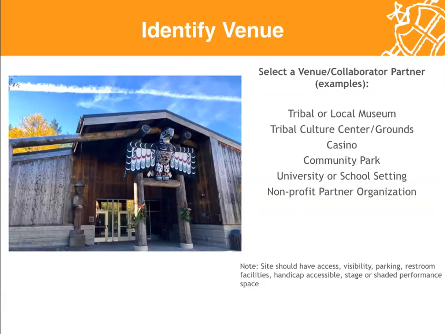Definitely a lot of parking, restroom facilities, handicap accessible, of course, and stage and shaded performance space. And these aren't always easy to find on rural reservation communities, as you know. So, again, think about this well in advance, the venue.